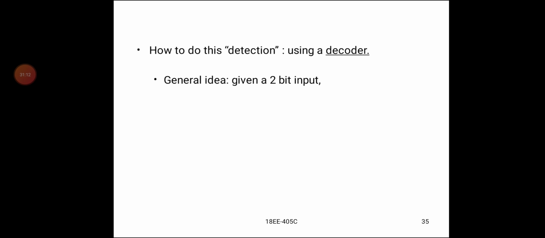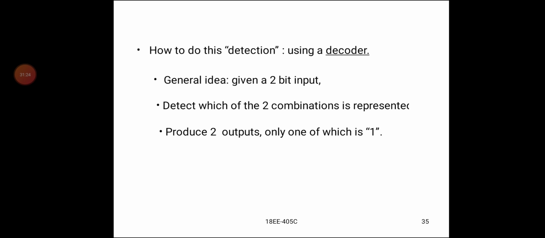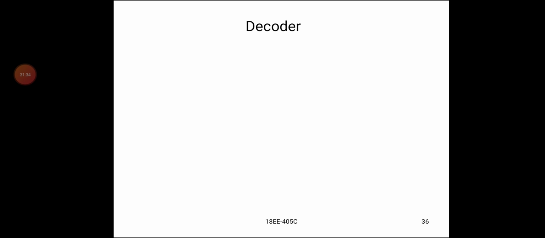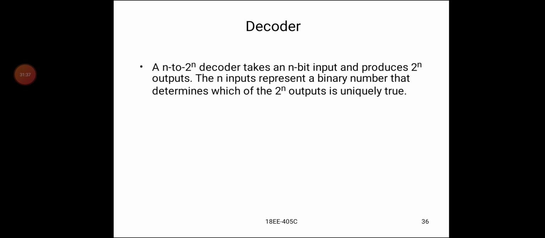General idea: given a 2-bit input, detect which of the four combinations is represented, and produce four outputs, only one of which is 1. Decoder: an n to 2 to the power of n decoder takes an n-bit input and produces 2 to the power of n outputs.